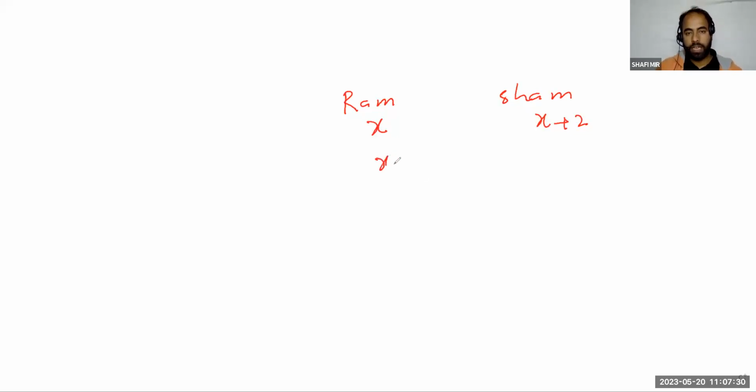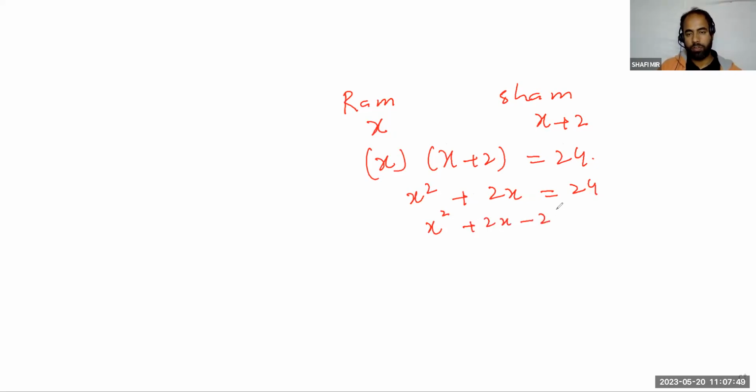Now, as per the given situation, the product of their ages is 24. So shall I write x into (x plus 2) equals to 24? Yes. Now solve it. x into x is x square, x into 2 is 2x, equals to 24. If I modify it, x square plus 2x minus 24 equals to 0.